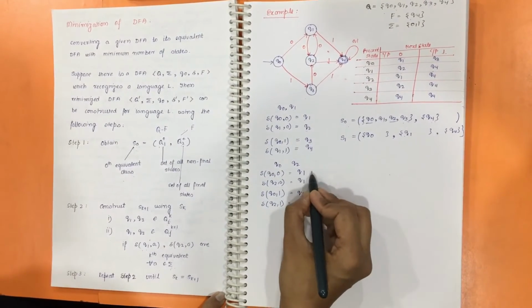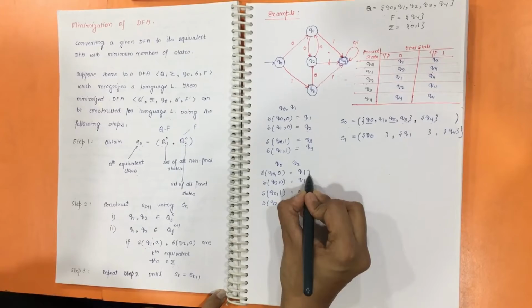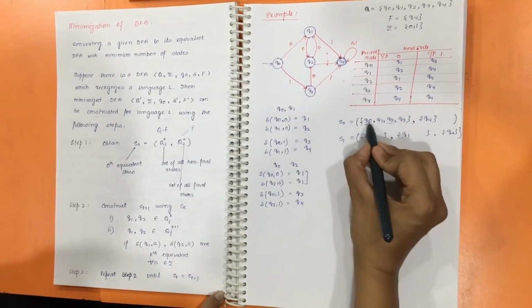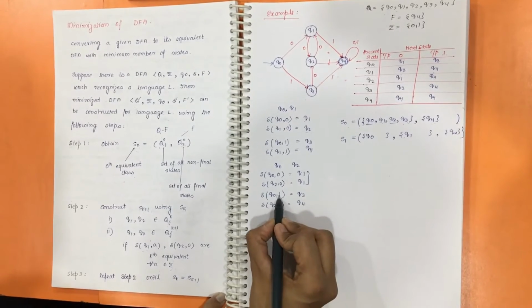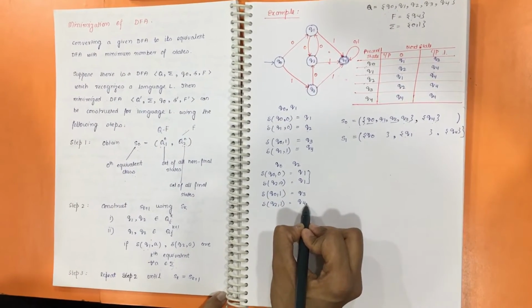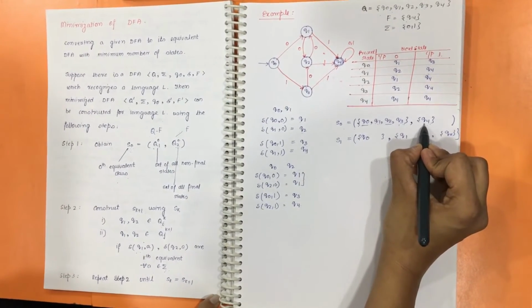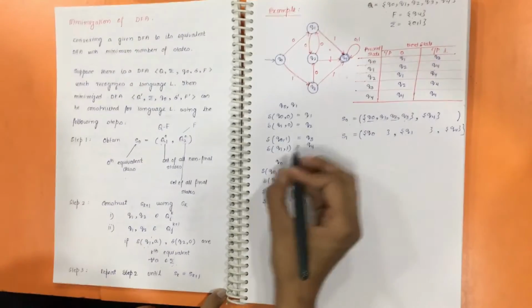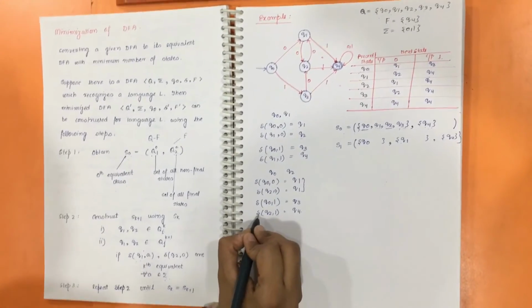Now we'll check the equivalency. For input symbol 0, the next states are Q1 and Q1, which definitely will lie in one set. For input symbol 1, the next states are Q3 and Q4. Q3 is lying in this set and Q4 is lying in this set. So we can say that Q0 and Q2 are not 1 equivalent.